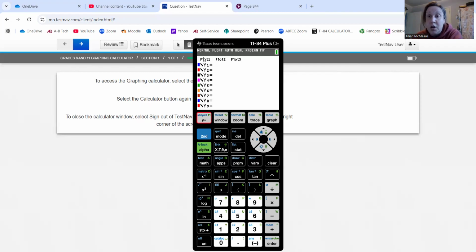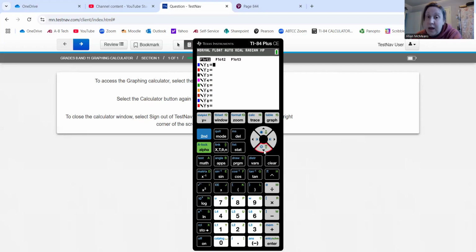I want to turn plot 1 on, so I can go up and hit enter, and it has plot 1 on. That is one way to do this. If I want to turn it off, I go up to plot 1, hit enter, and scroll back down. I want it on, so I would keep it highlighted.